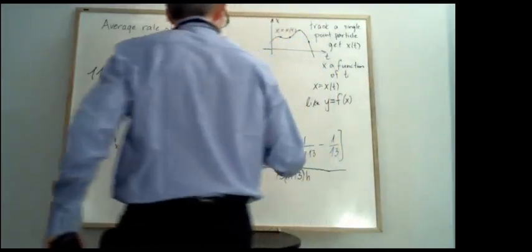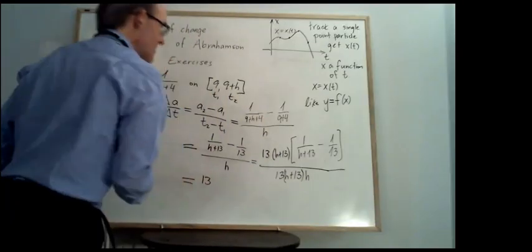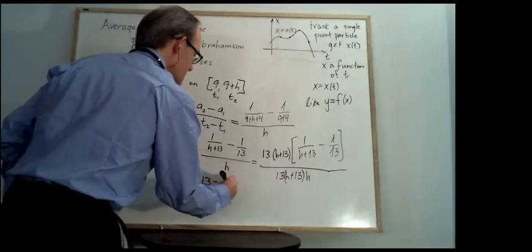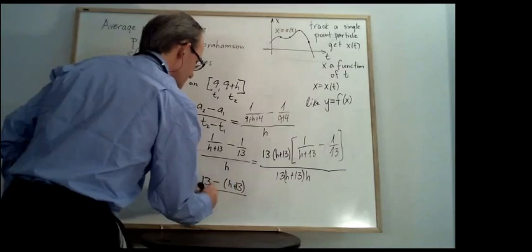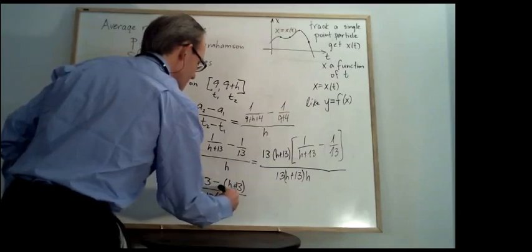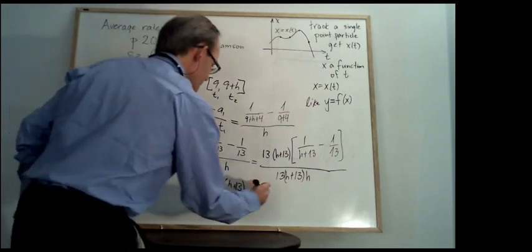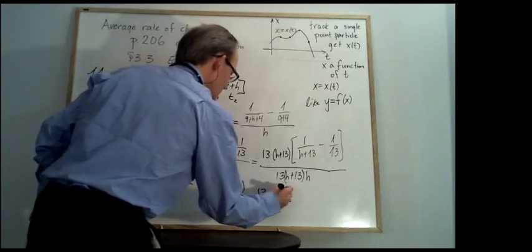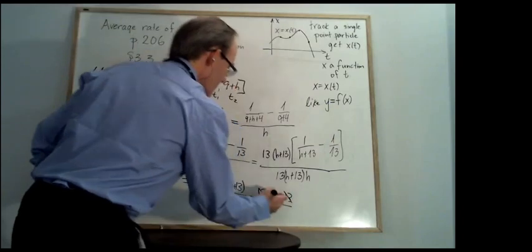So what you end up with in the first term is 13, simply. And what you end up with in the second term is minus h plus 13, oops, 13. And here you get 3 factors. All right, now subtracting, I get 13 minus h minus 13. So I get a cancellation of my constant term again. And just get minus h there.